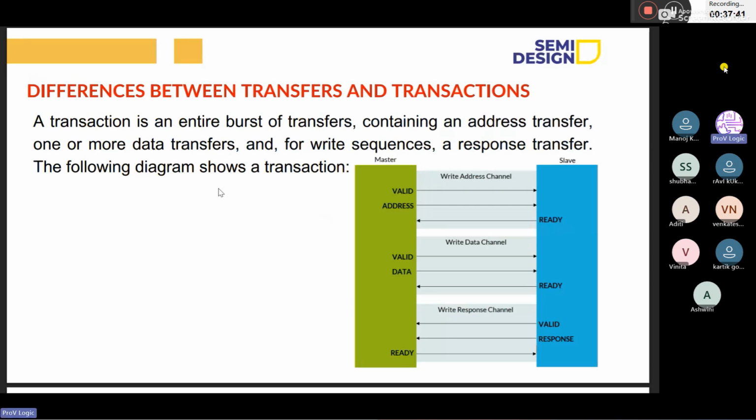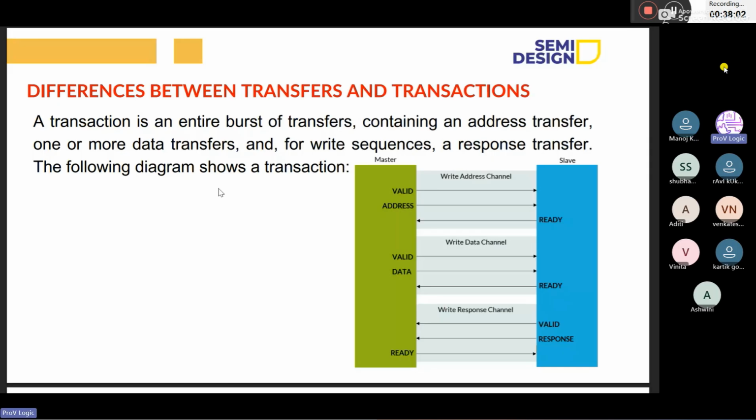In the same way, a transaction means a complete operation. It consists of multiple transfers. Mainly in AXI, transactions are burst based; in AHB also the same, but those are aligned, and in AXI these are non-aligned.